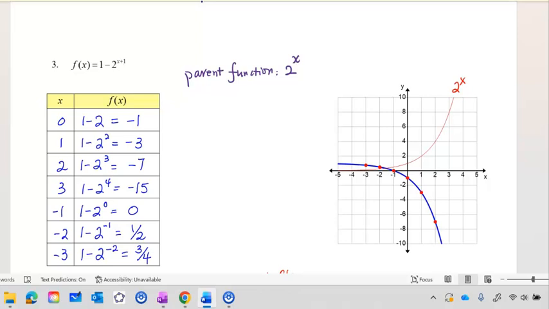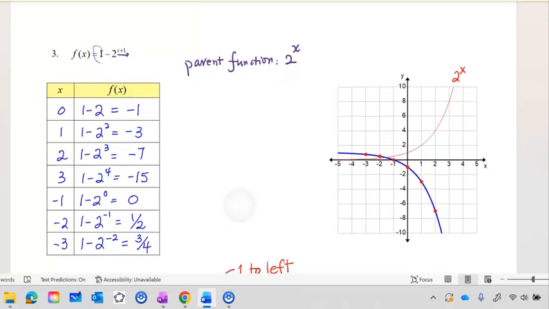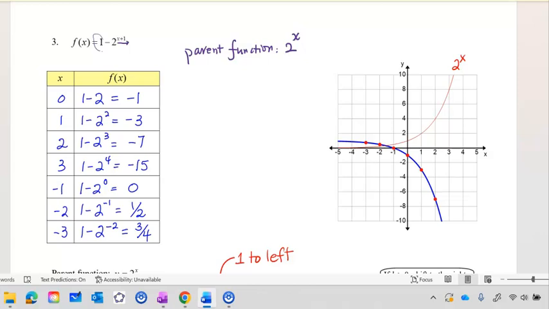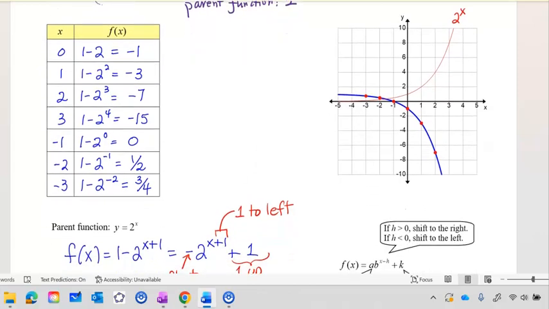If I do transformation, we look at here, my changing variable is plus 1, right? And then we shift plus 1, 2. Let's look at how we use this basic parent function to get my graph.